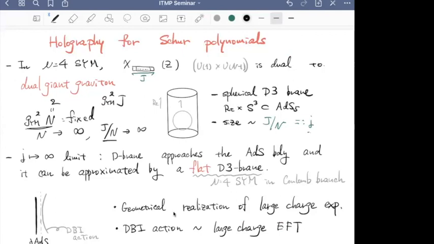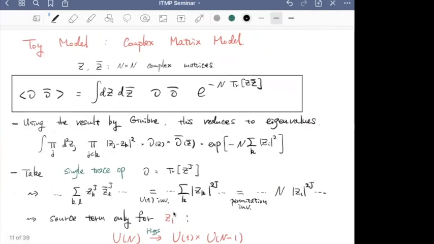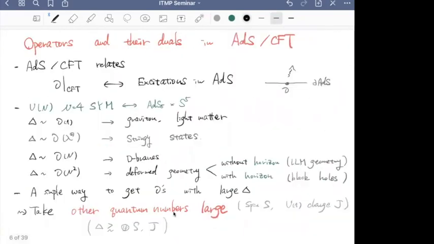And can you get some information for operators with low scaling dimension by doing the large charge expansion, you mean? Yes. That's an interesting question. I think people actually analyzed that in the context of generic conformal theories without supersymmetry.